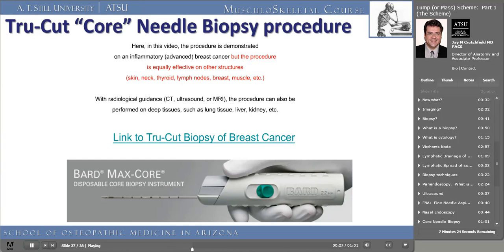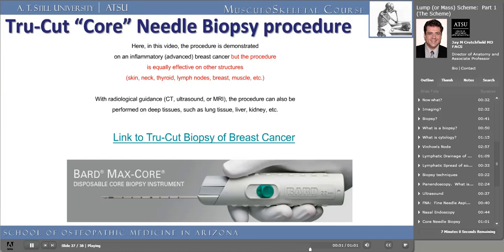This procedure must be performed using sterile technique, and if a mass is palpable, it can be performed without any radiological guidance at all. Because the biopsy specimen obtained is larger than that obtained via an FNA, the physician must be aware of any adjacent blood vessels, potentially causing unsuspected bleeding.